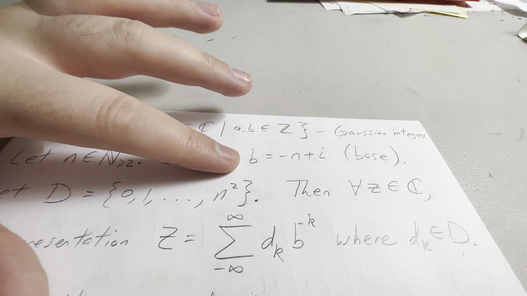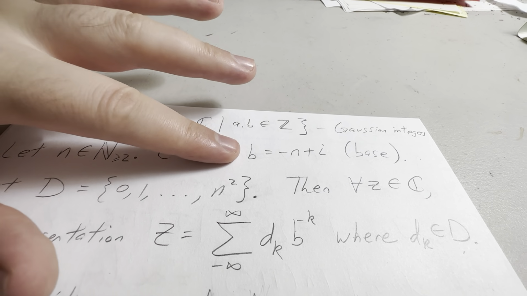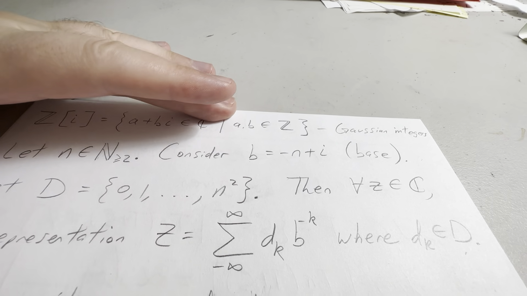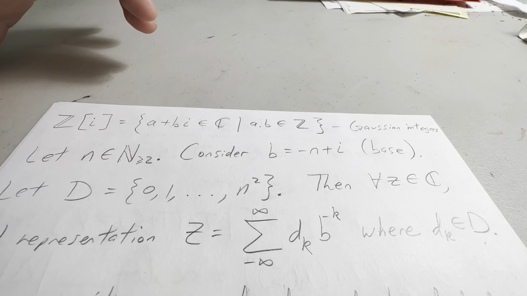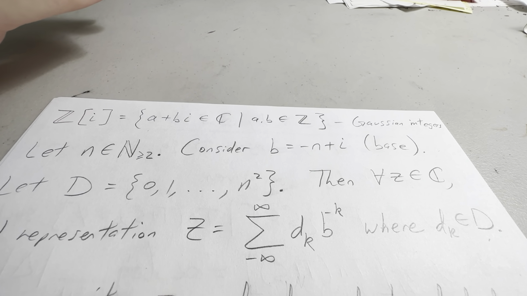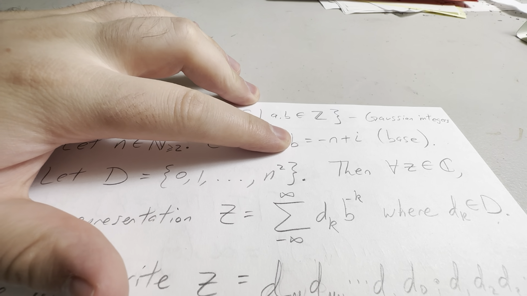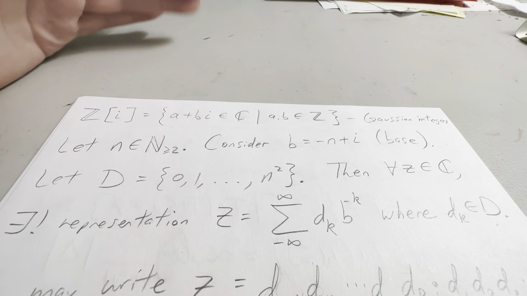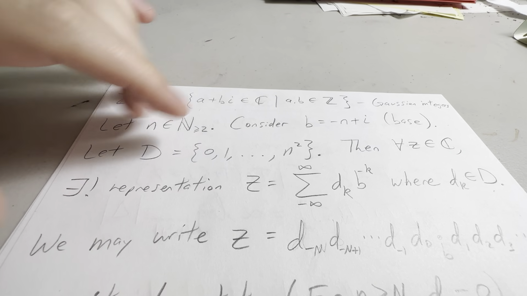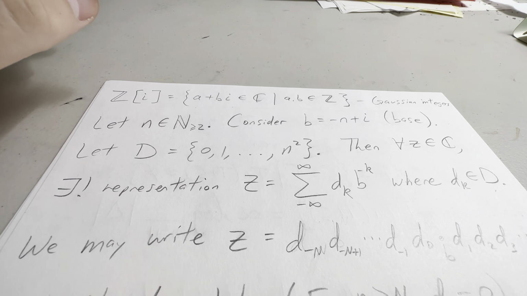I'm not saying that this is the only way to represent it, certainly not. But we looked at bases of this form, negative n plus i, where n was a positive integer greater than or equal to 2. Okay, so by choosing a base that looks like this, the corresponding digit set can be found to be the numbers 0 through n squared.